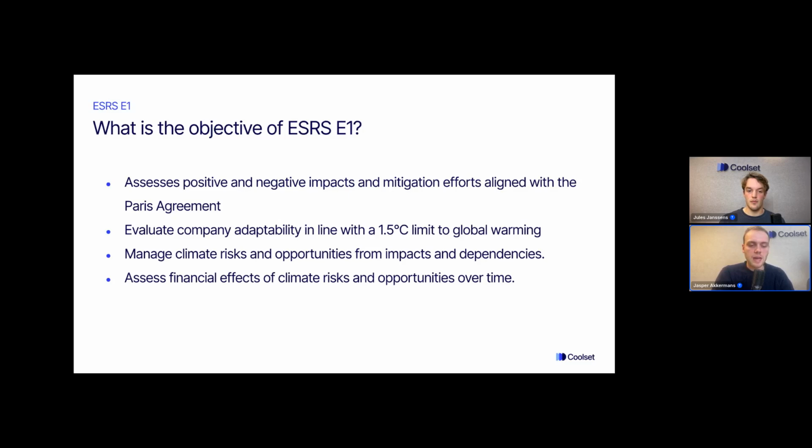So with regards here to climate risks and opportunities, you're looking at how does climate change affect your company financially? And then a financial risk might, for example, be the physical risks of climate change. For example, a very recent example is the flooding in Valencia.